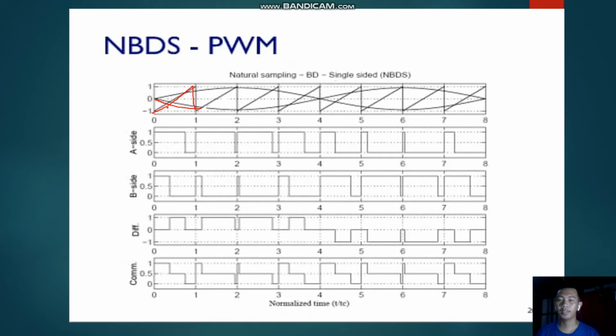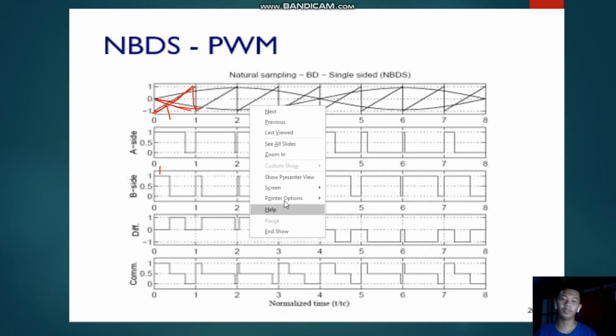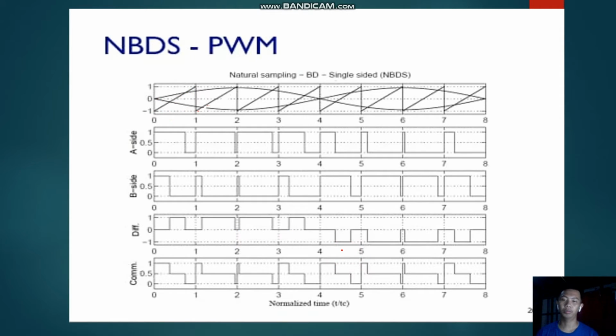At this period, we have a value of positive 1 because our sine wave is greater than our sawtooth wave. At this period, we have a value of 0 because our sine wave is less than the sawtooth wave, and it continues to the end of the digital signal.